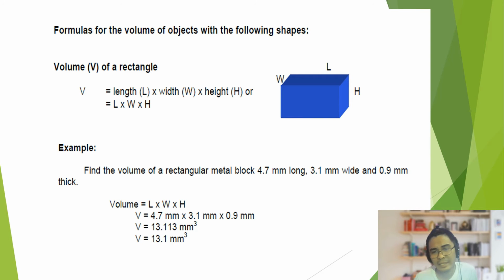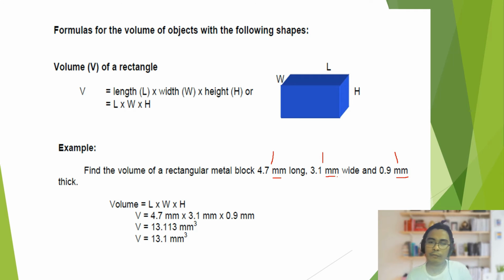Say for instance, we have here the problem: find the volume of a rectangular block 4.7 millimeter long, 3.1 millimeter wide, and 0.9 millimeter thick. Since we have 3 values given, you just need to multiply them. But before that, inspect their units.